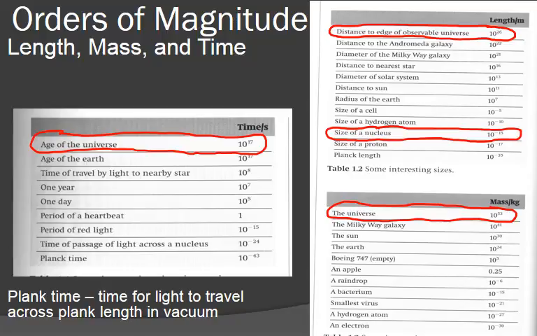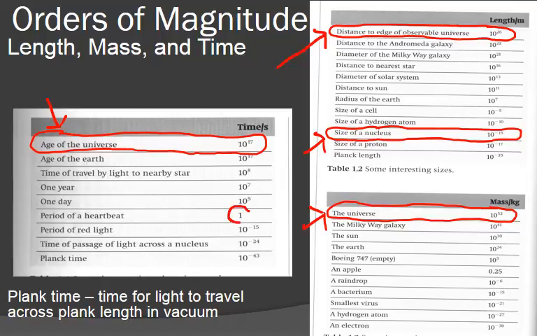I'm going to have you guys memorize the orders of magnitude for the age of the universe, the distance of the observable universe, 10 to the 26 meters. The size of a nucleus, someone pointed out in class, is actually in the data booklet, which is nice. And then the mass of the universe. So just commit those to memory. Most of these you should be able to kind of figure out, well, some of them at least.